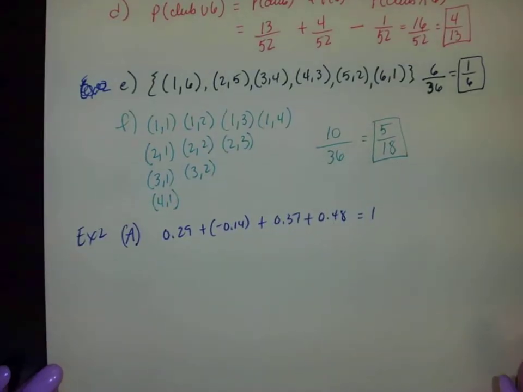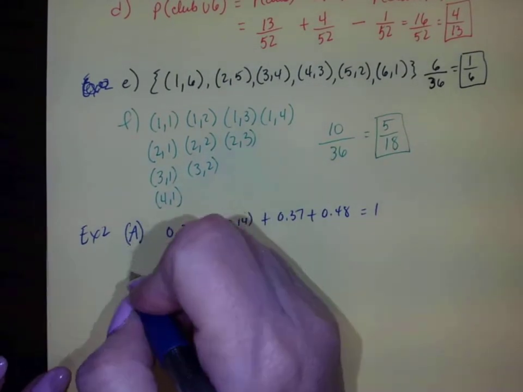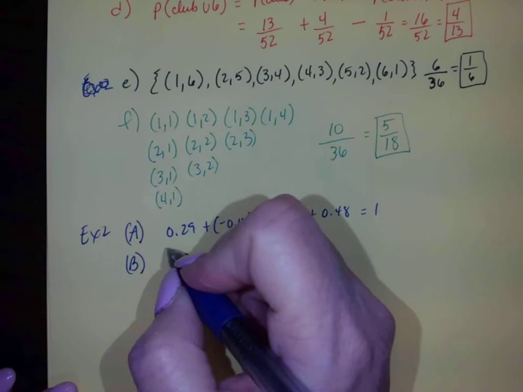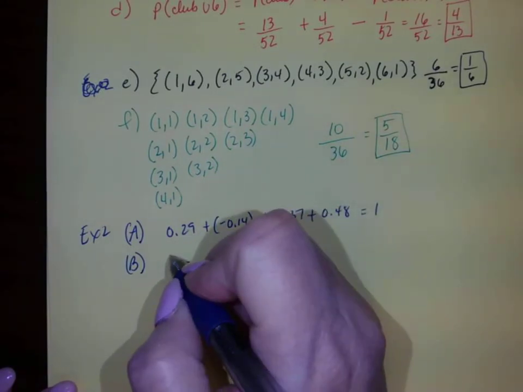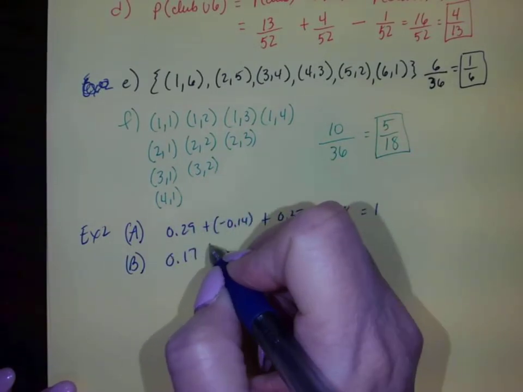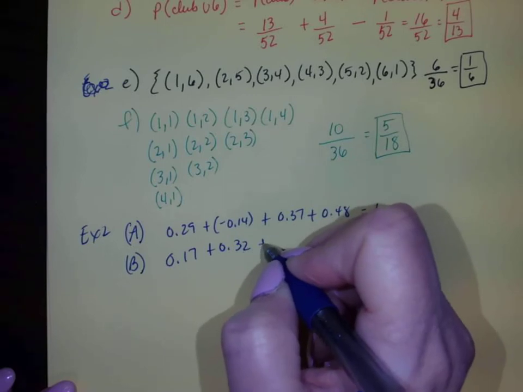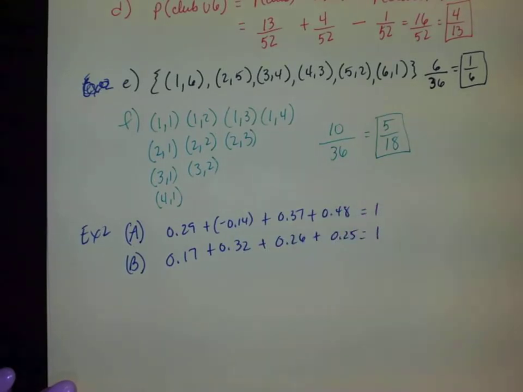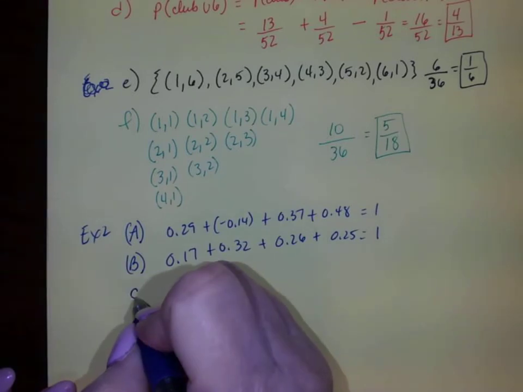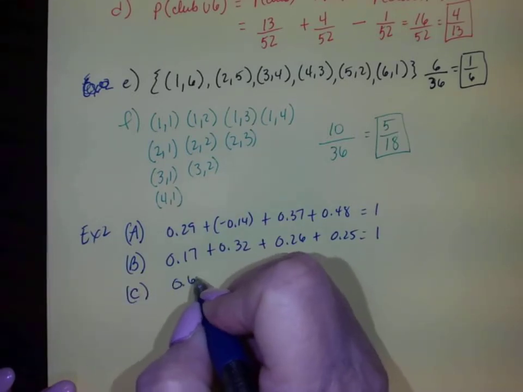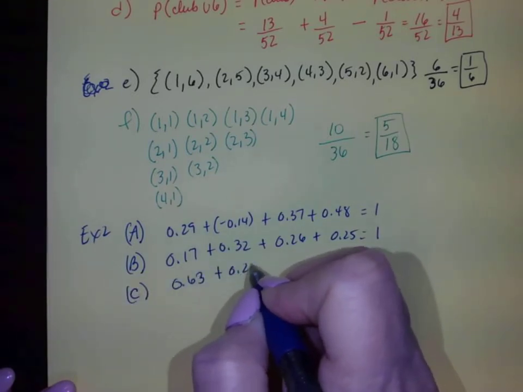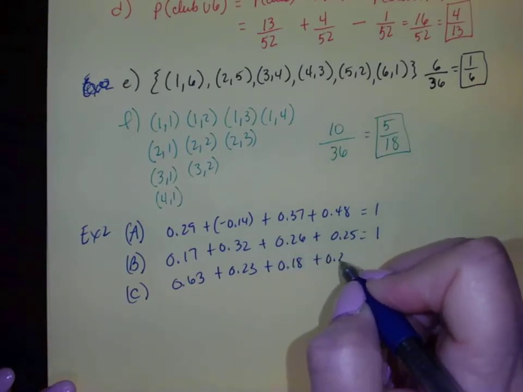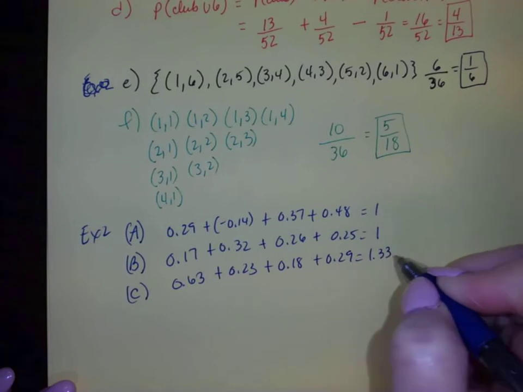It equals 1. Now remember, our probabilities on an event should all total to be 1, but we're going to discuss whether they're accepted or rejected in a minute. 0.17 plus 0.32 plus 0.26 plus 0.25 gets us 1 again. And C, we have 0.63 plus 0.23 plus 0.18 plus 0.29 gets us 1.33.